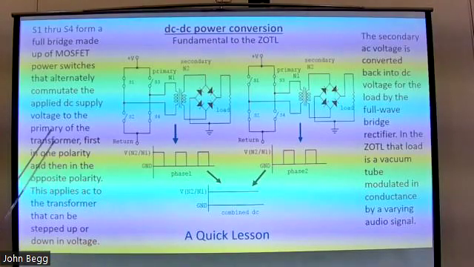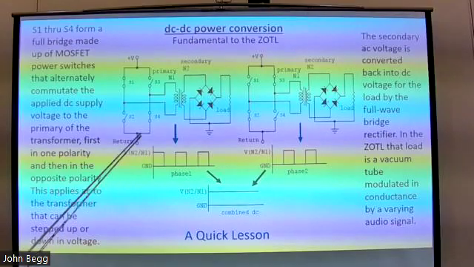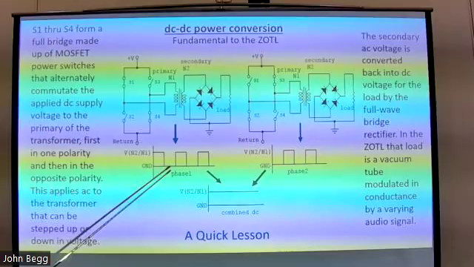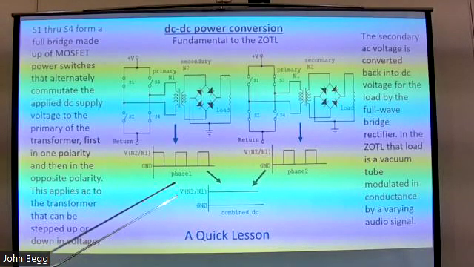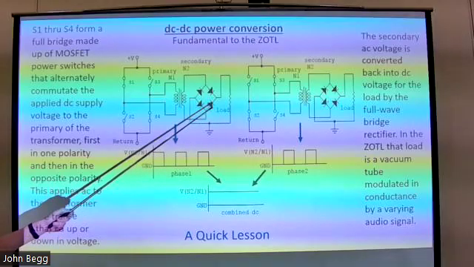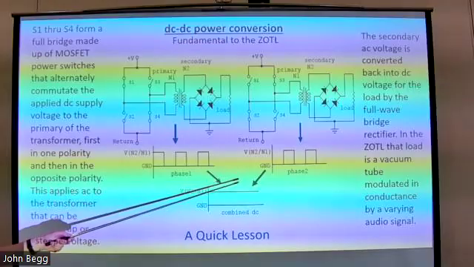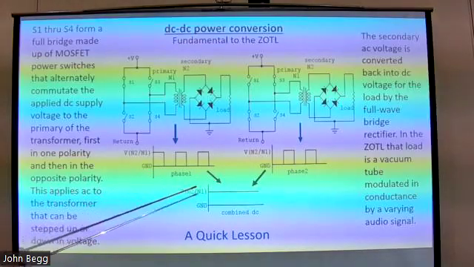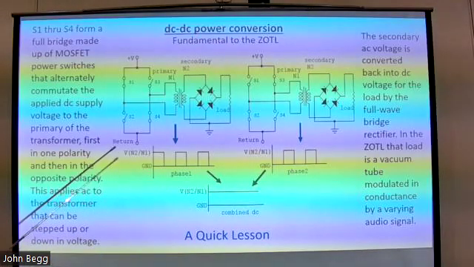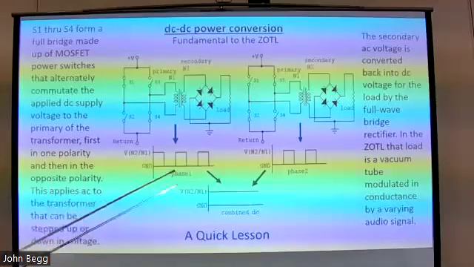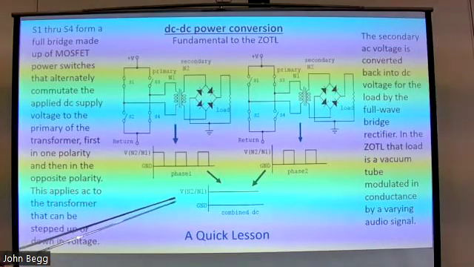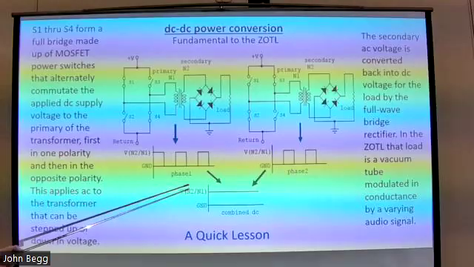And so for that half cycle, you get this, and then when you switch over to this, where switch 1 is open and switch 4 is open, then you get this phase. So you've got phase 1 and phase 2. Those are combined with the rectifier, and you get ideally just a constant DC voltage.